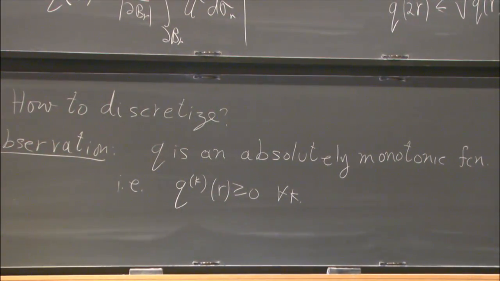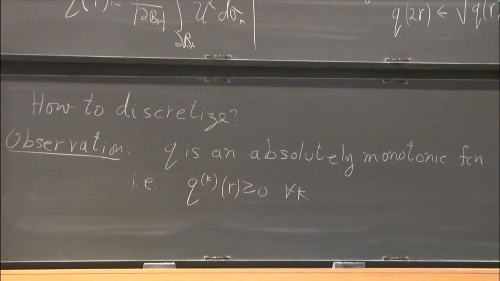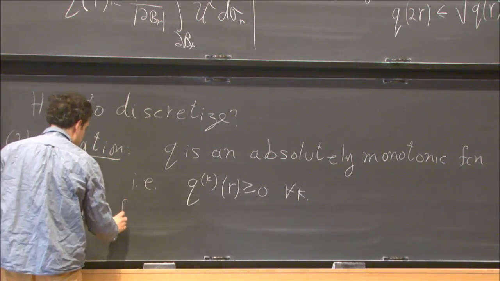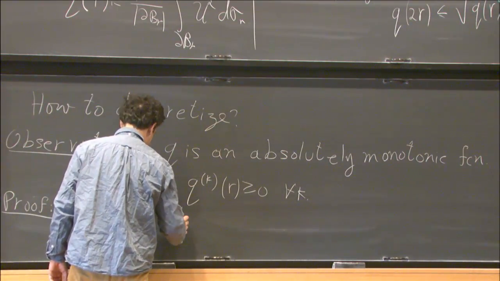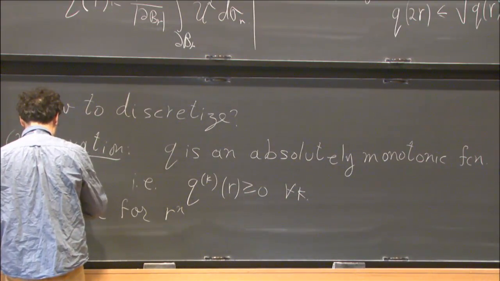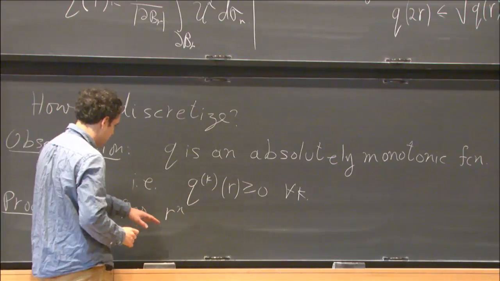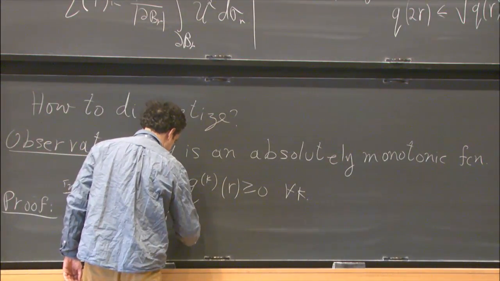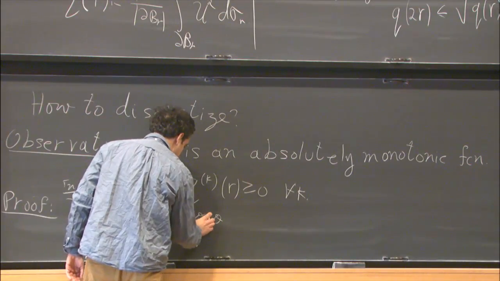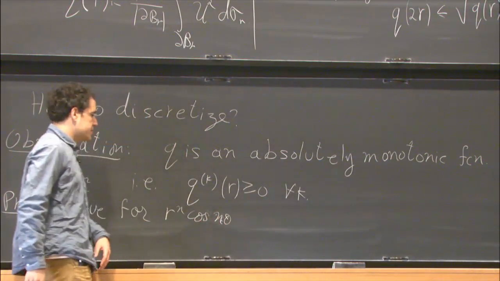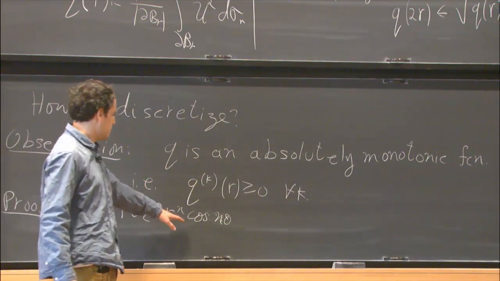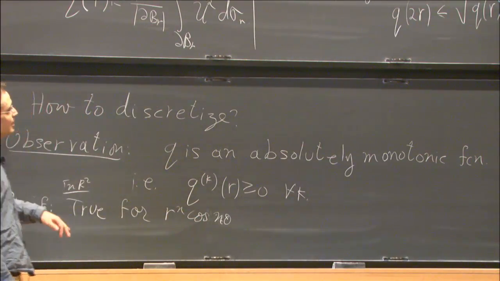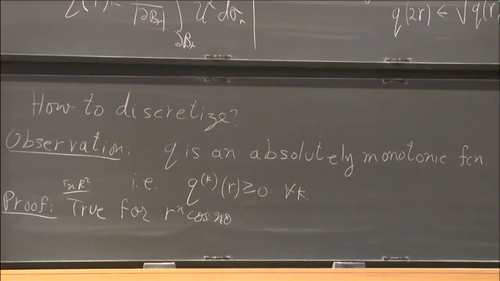An easy way to prove it in R^n is to check that this is true for a standard basis of harmonic functions, for example r to the power n times cosine n theta in R2. Then Q behaves nicely with respect to sums of such functions, since they are orthogonal to each other.